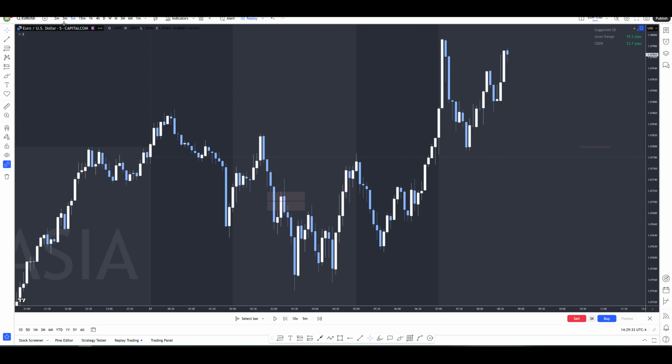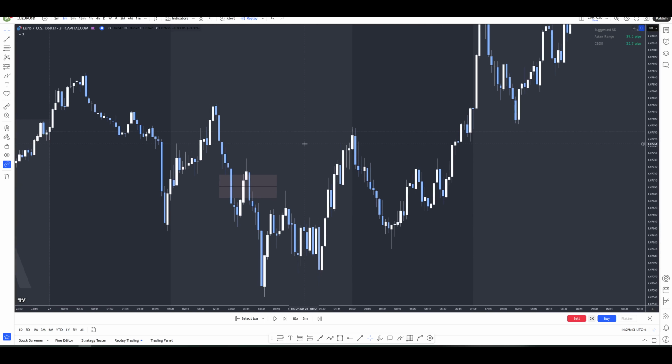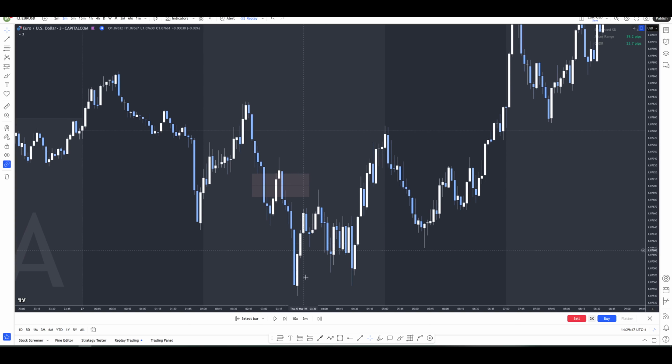So anyways, this would be an A plus setup, maybe a normal or a B or C setup, whatever, something like that. But on the 3-minute, we kind of have the same rejection again. So we have this fair value gap resting right there, the 3-minute bullish fair value gap, and there's one candle taking it out.